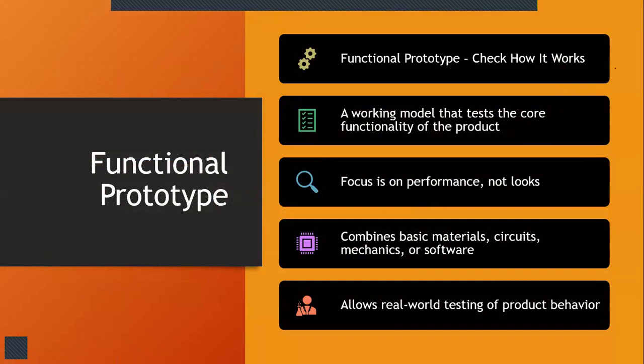That's basically focusing on the performance of the software or physical product. We don't think about the visual design. That's not the main focus here. We don't care about the look actually, it's secondary. We just focus on the functionality.